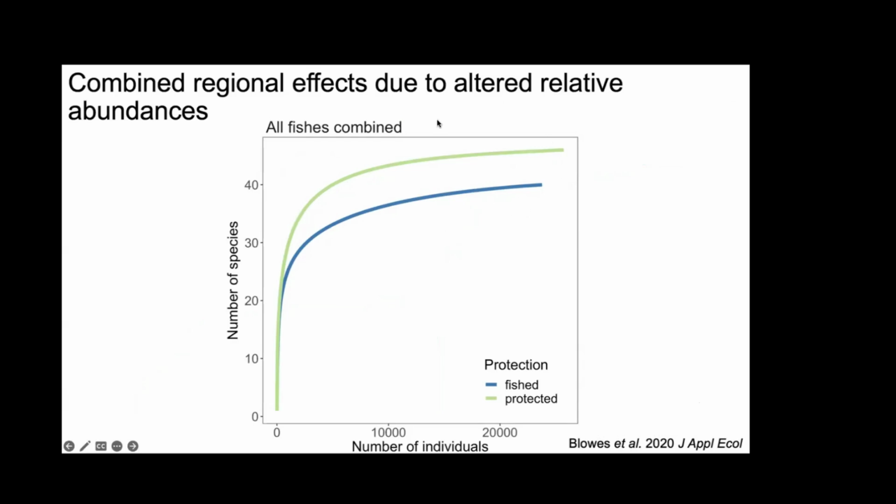And so at the scale of that little section of the Mediterranean where I've got my samples from, at that larger regional scale, we're really seeing an effect on the fish community due to changes in relative abundance. The individuals haven't changed that much, but the fish community in the protected areas has become more even, and that increased evenness means we get slightly more species in the protected areas than we do the fish.